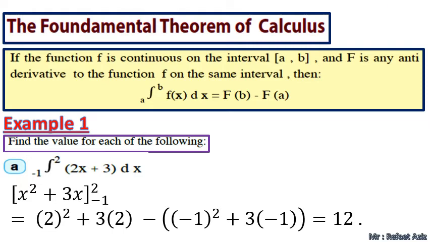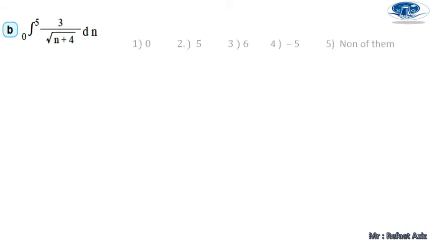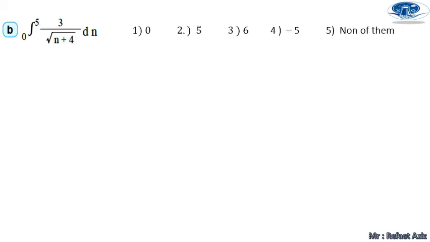Very good. Another example. The integral from 0 to 5 of 3 over root (n + 4) dn. What do you think? 0, or 2, or 6, or -5, or 5, or none of them.